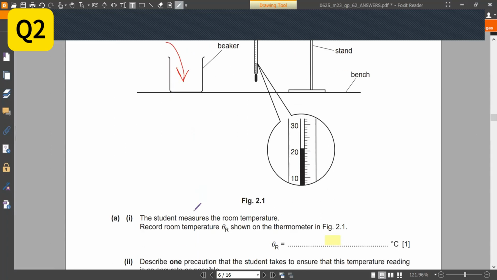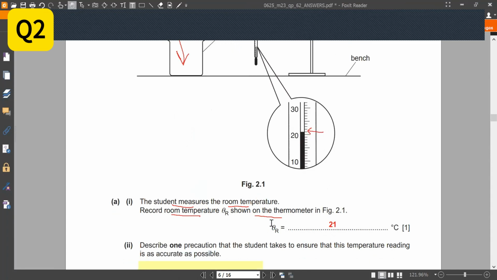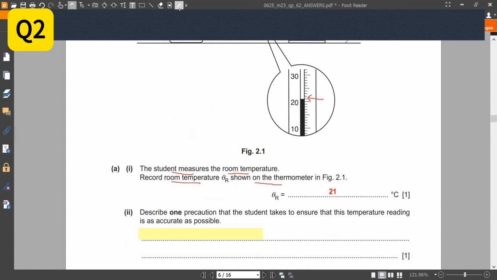First question: the student measures the room temperature. Record the room temperature as shown on the thermometer. This is very straightforward. We take the reading here, which is 21 degrees Celsius. Describe one precaution that the student takes to ensure this temperature reading is as accurate as possible.